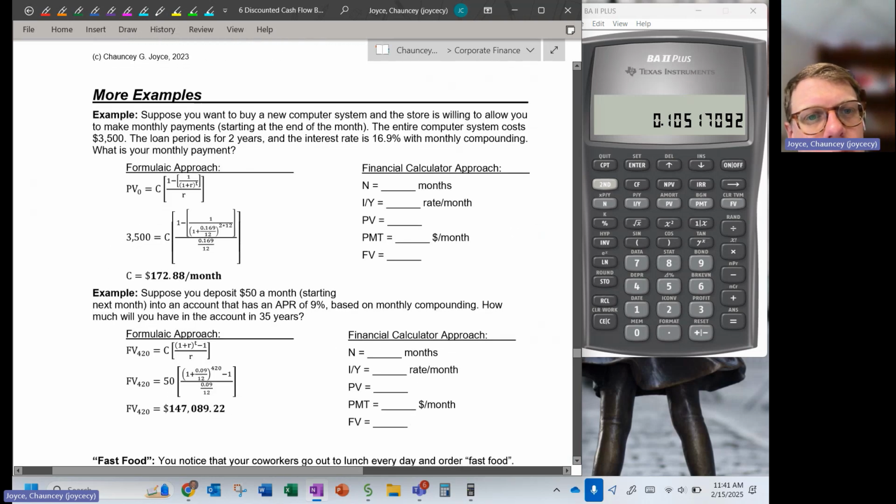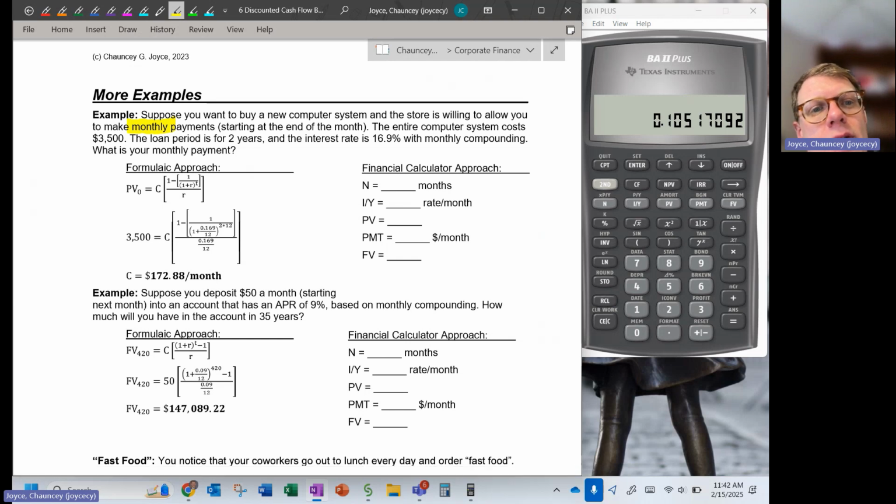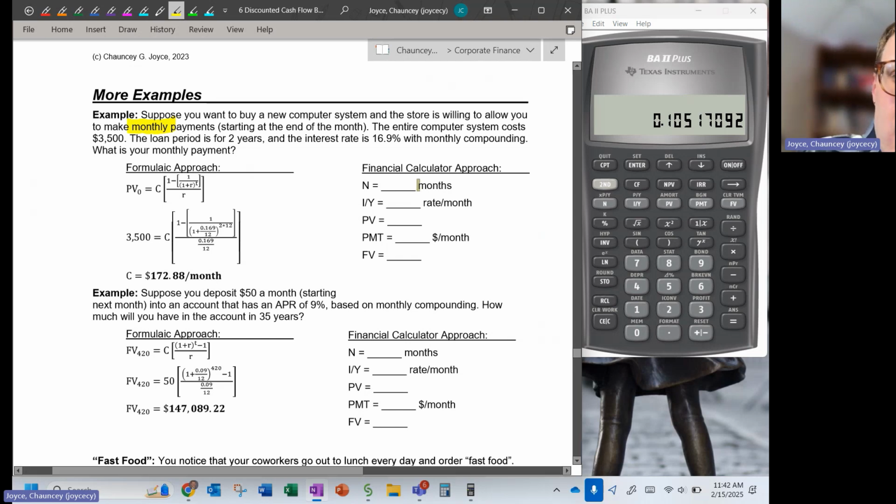I think it'll be easier if we do this with a little example. So let's start with a new computer system. The store allows you to make monthly payments. Now that's a very key word when you get these questions: what is the payment frequency. So the timing here now is monthly. So we have to look at three things just by reading that one word: timing, risk, and magnitude all now consistently need to be measured in months.